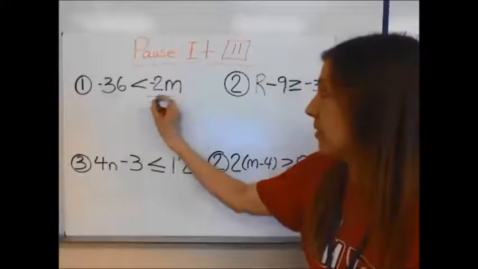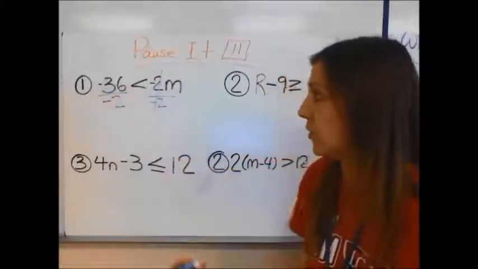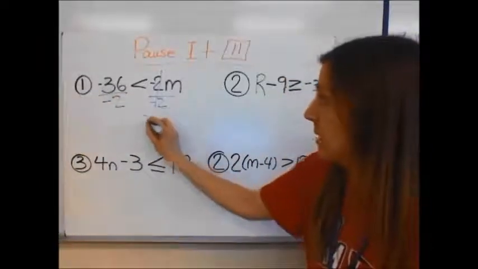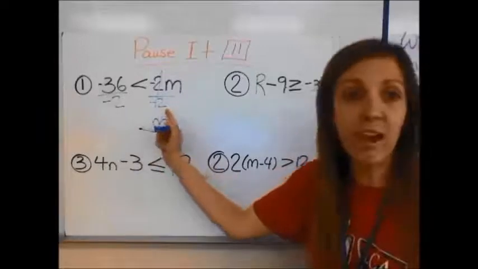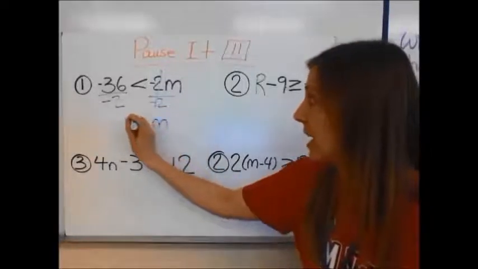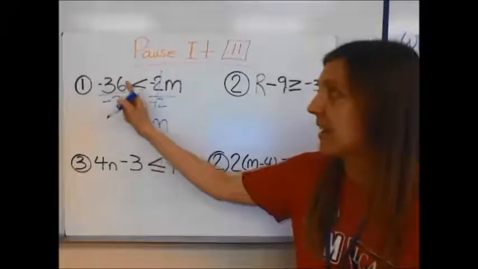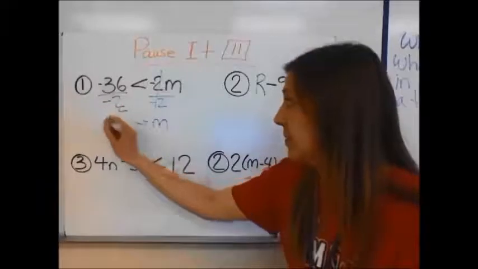Negative 2m is multiplication, so I'm going to use division. Divide by negative 2, divide by negative 2. I'm left with m. Because I divided by a negative number, I have to flip my inequality symbol. So m is going to be less than, and a negative divided by a negative is a positive 18.